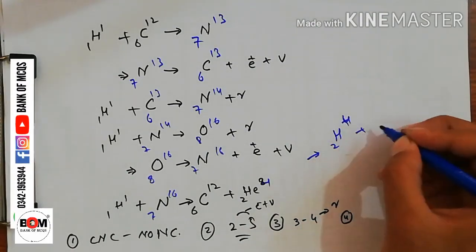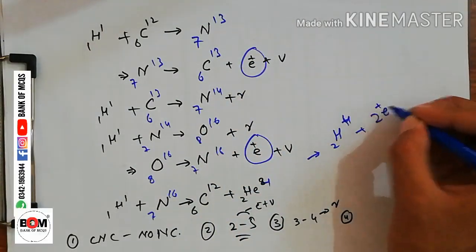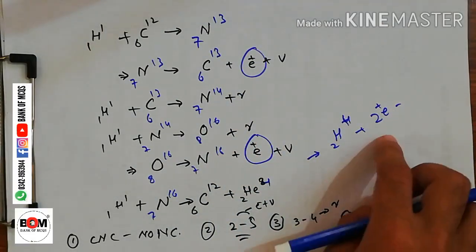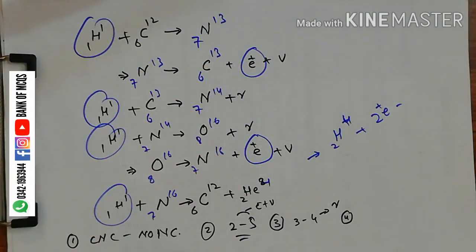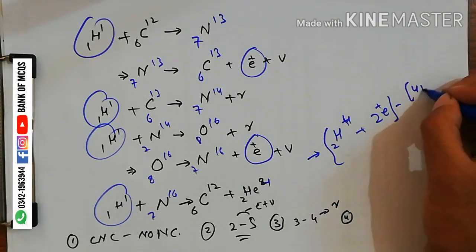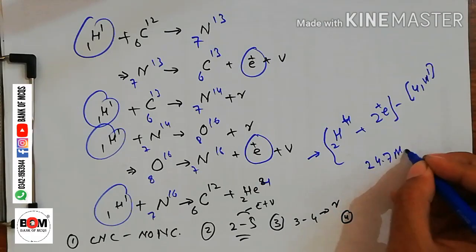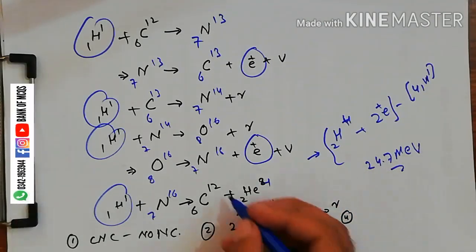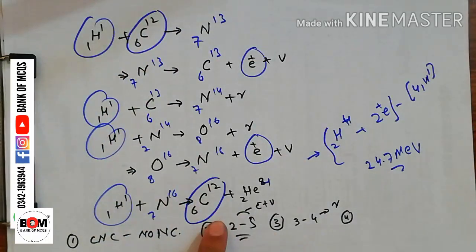Next, along with the alpha particle there is the production of 2 positrons, from what? From 1, 2, 3, 4 protons. So this is produced from 4 protons. So again 24.7 mega electron volt energy is produced, and C612 started the reaction and is again produced at the end.